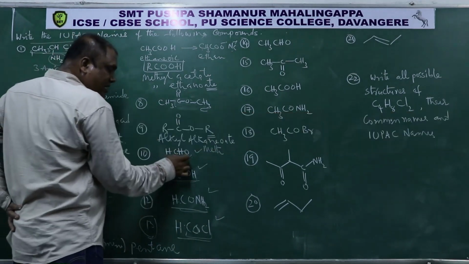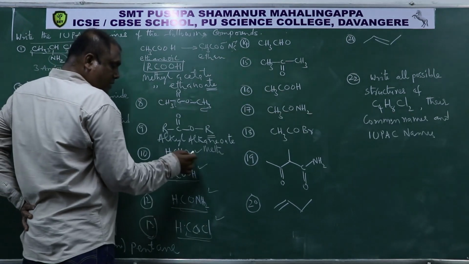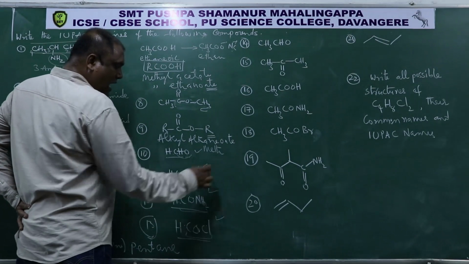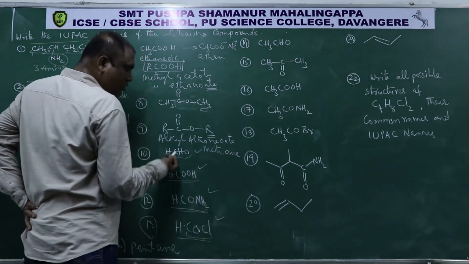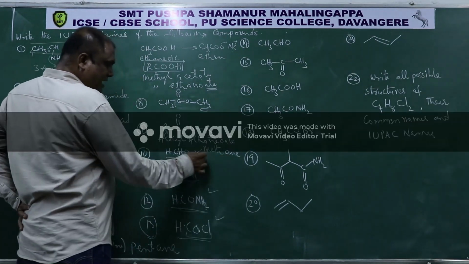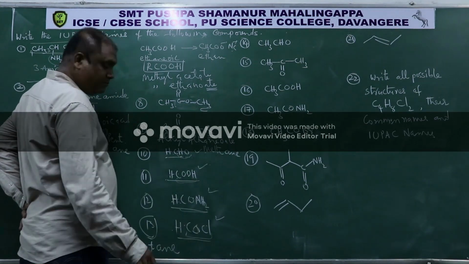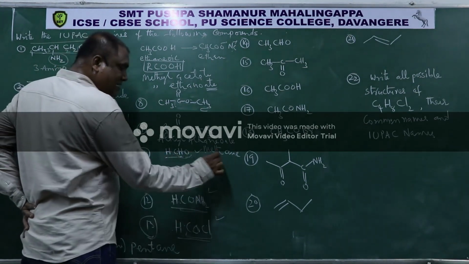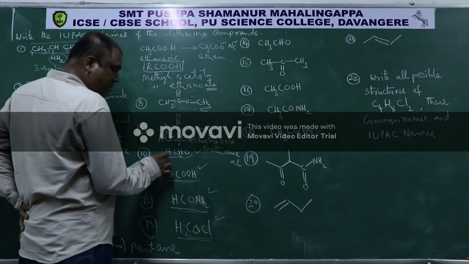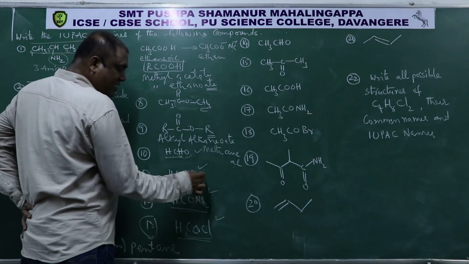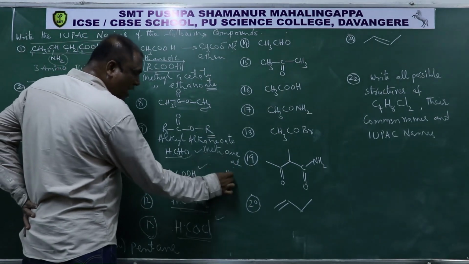All are meth. All are ane, because there is only one carbon. Methane, this is methane. But when the aldehyde group is there, the secondary suffix is al, so the name becomes methanal. When the acid group is there, the name becomes methanoic acid.